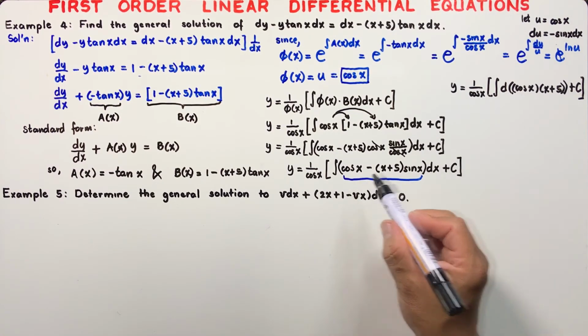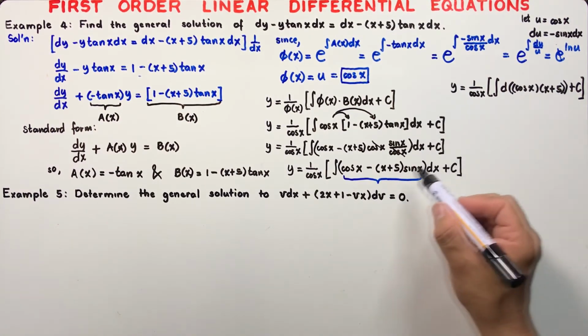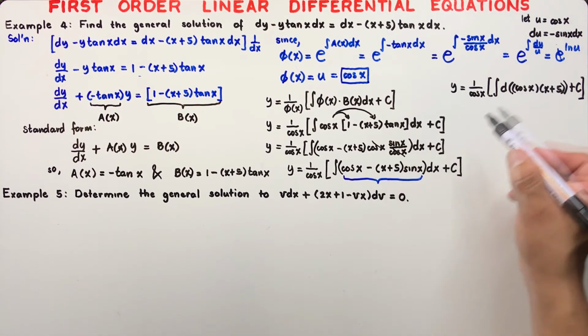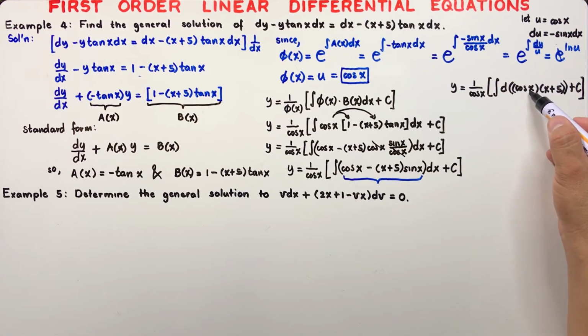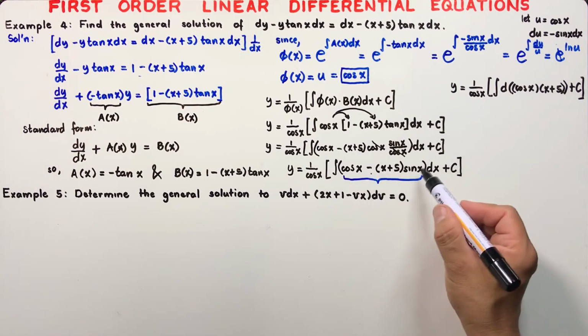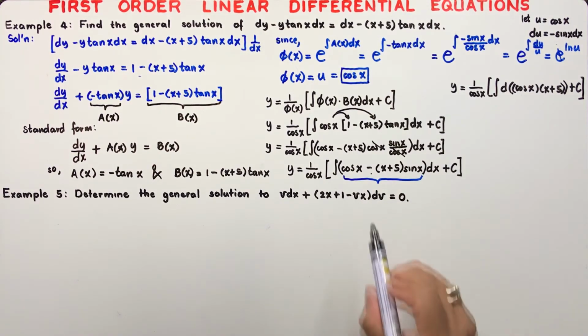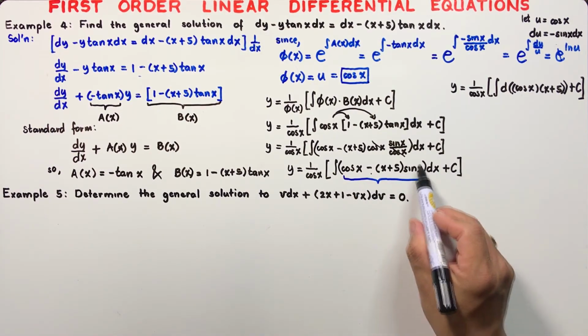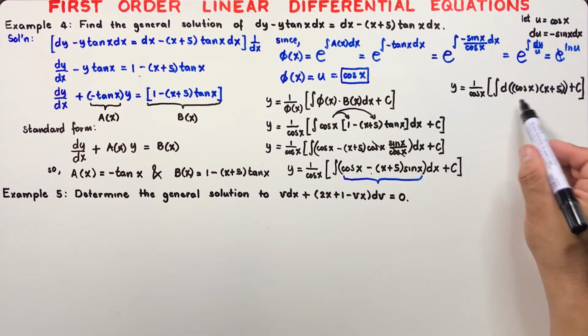And then plus this x plus 5 here times the derivative of cosine x, which is negative sine x. So therefore, this is exactly a differential of a product.